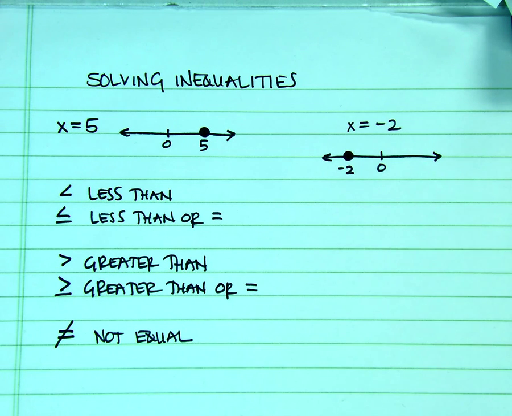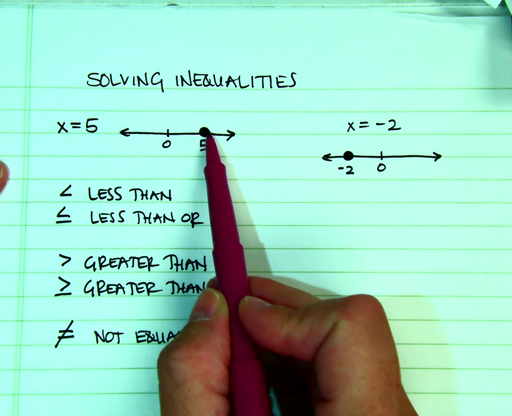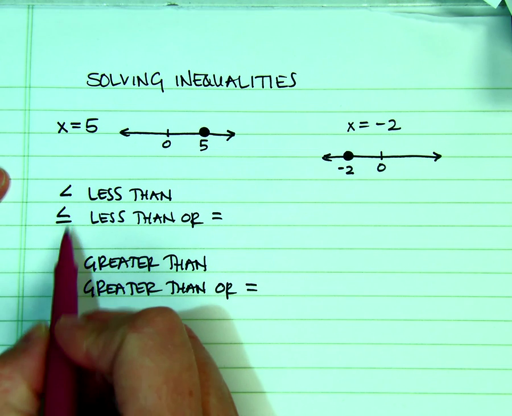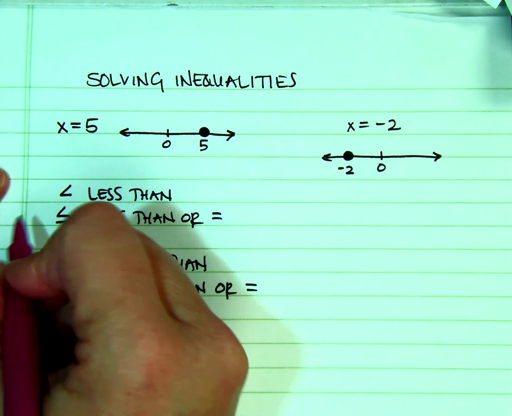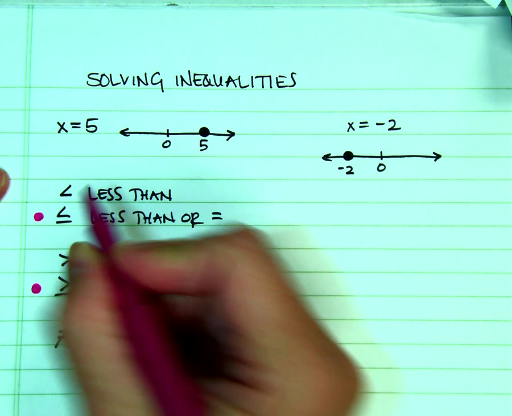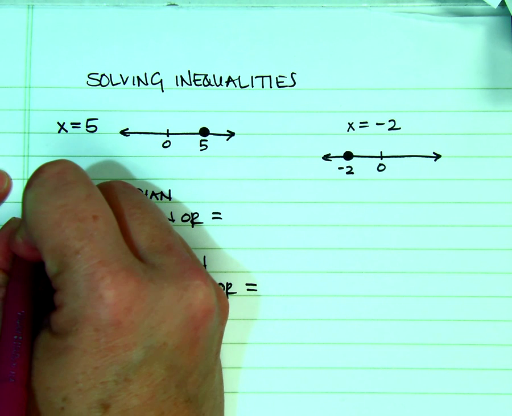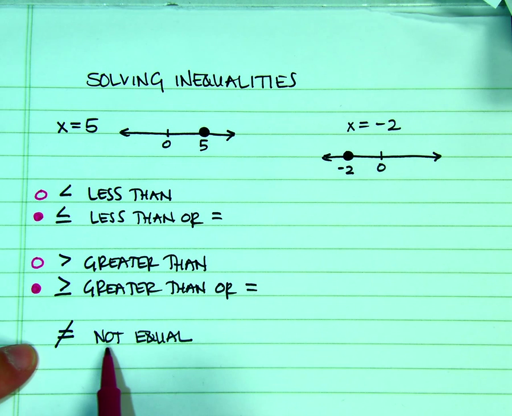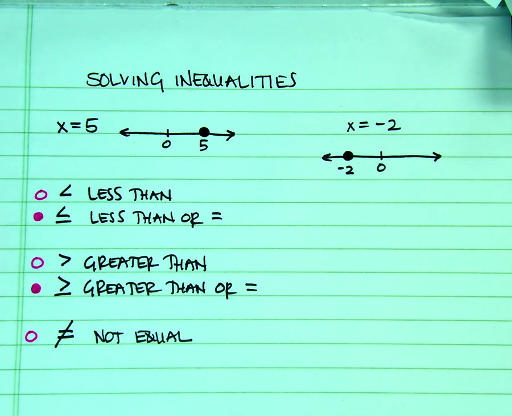So if we bring back what we know of the equals, equals has to include that number. So anytime you see an equals, it has to have a closed circle. So these two, the less than or equal to and the greater than or equal to, are going to be closed circles. Because these do not have an equal to, in other words the number would not be included, you would have open circles. So if equal to is closed, then not equal to must also be open.